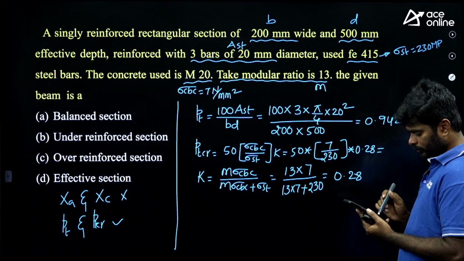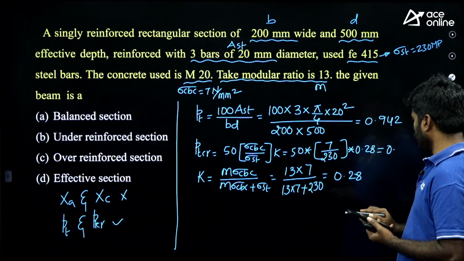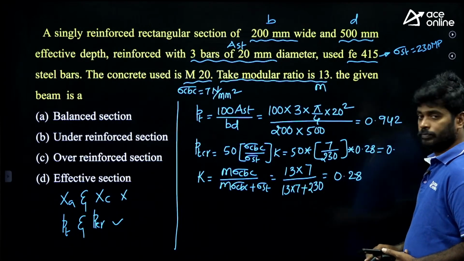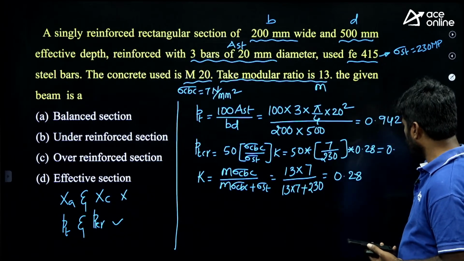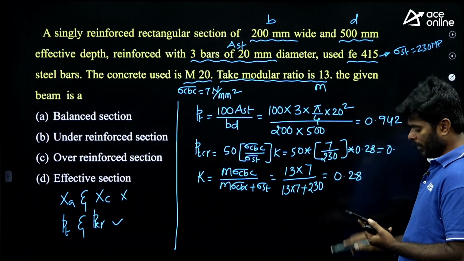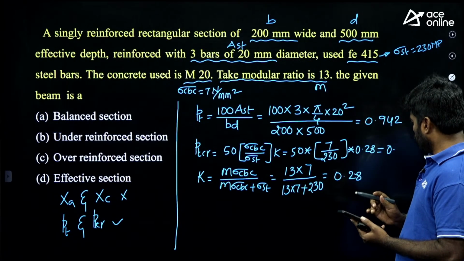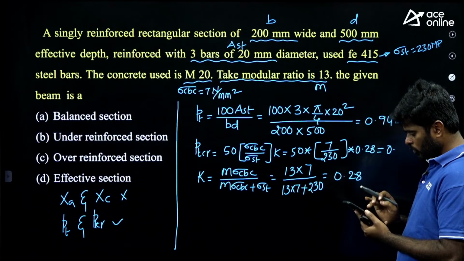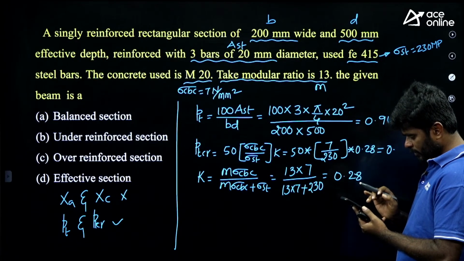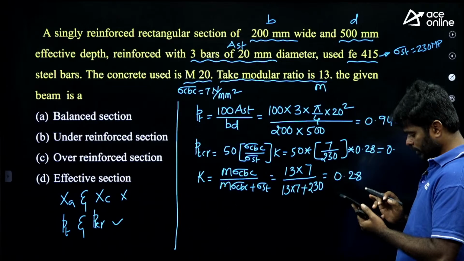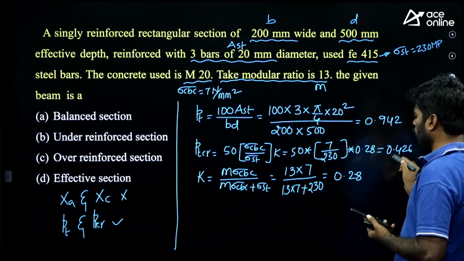Anybody? How much is it? I will calculate meanwhile. 50 into 7 into 0.28 upon 230. I am getting 0.426. Okay, leave it.